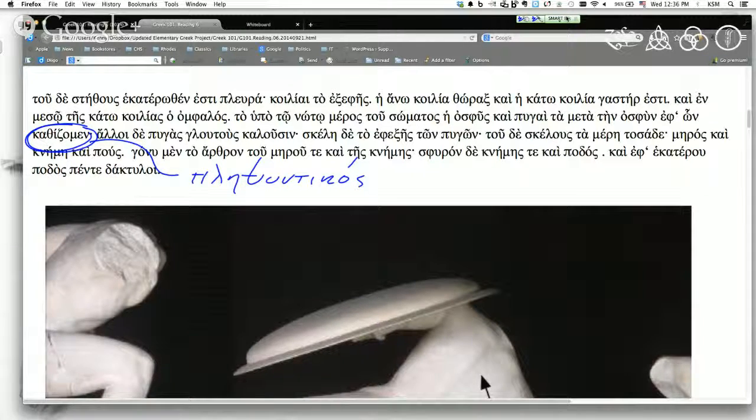Now you've actually learned the word for person. Well, that's for a human being, anthropos. We haven't made this connection, but we just learned it. It's prosopon. Face. Okay, face.